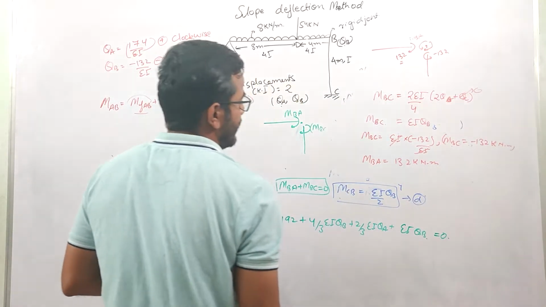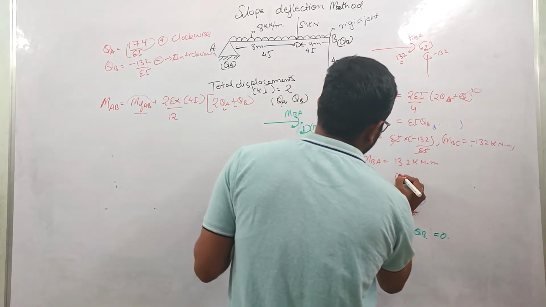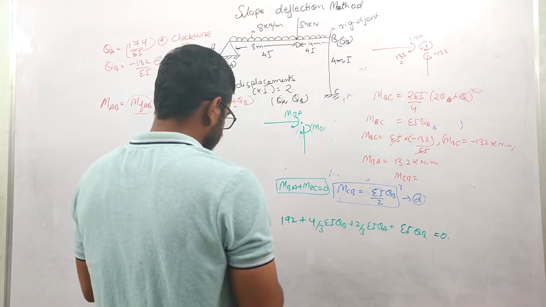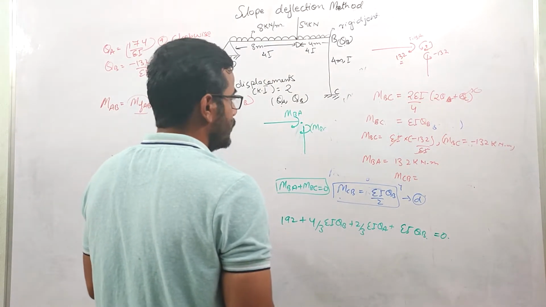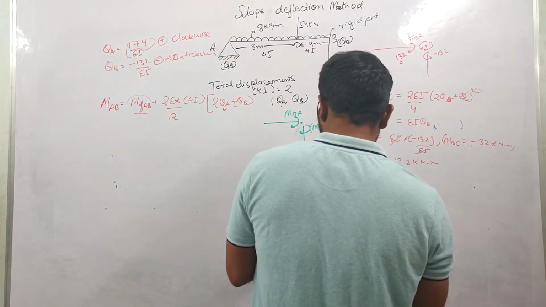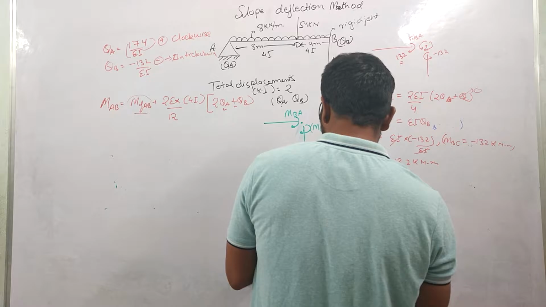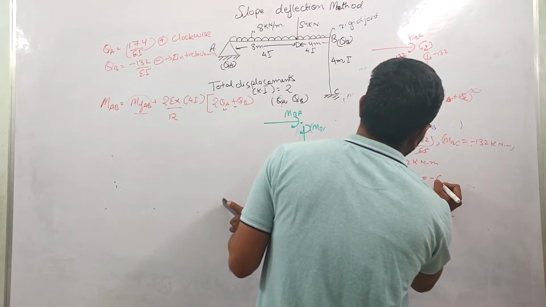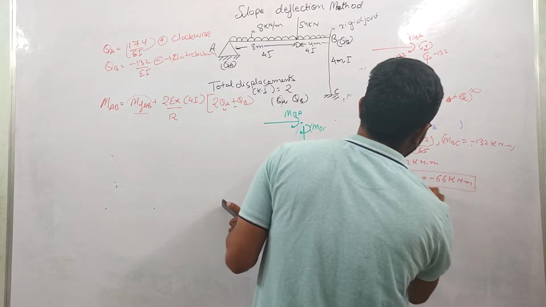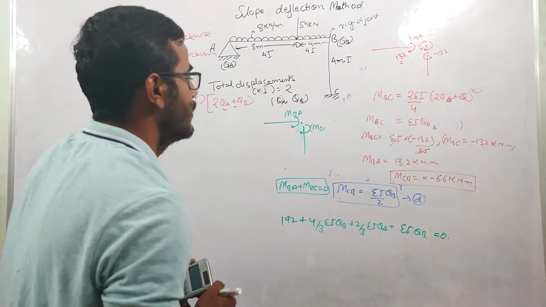Now let us come to the value of MCB. MCB will be EI into theta B divided by 2. Basically it will be MBC divided by 2. So MBC is minus 132 divided by 2. So this value is nothing but minus 66 kilonewton meter. So this is the value for MCB.